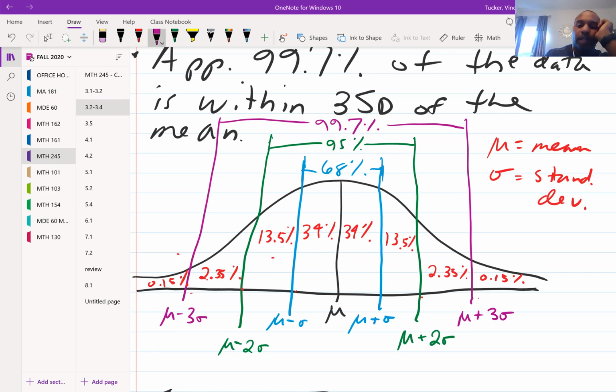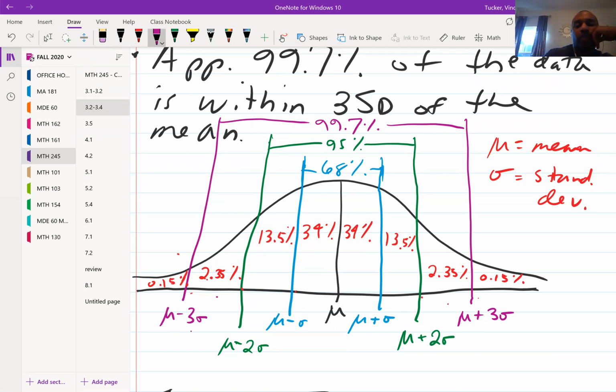Then adding another standard deviation and subtracting another standard deviation puts us here. And that's 95% of our data. So you're adding 13.5 on both sides as far as our percentages are concerned. And then adding 2.35 on the right and left gives us 3 standard deviations out, and that would be 99.7% of our data.